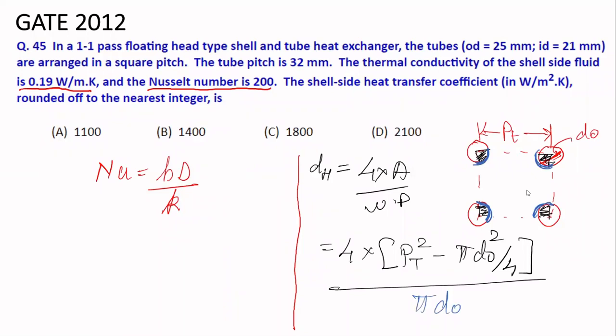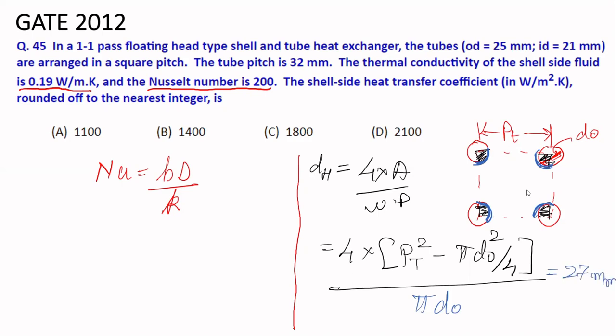All right, to find dh we know the value of pt, we know the value of do, which is 25 mm. Substitute the value and get dh, which comes out to be around 27 mm.